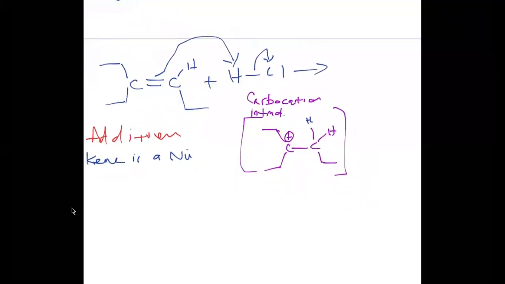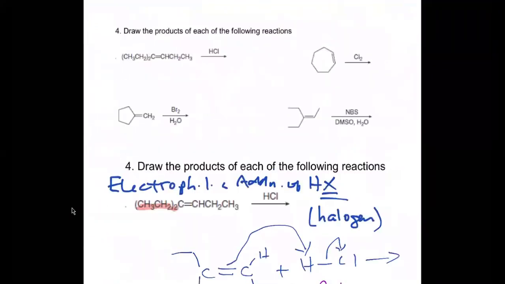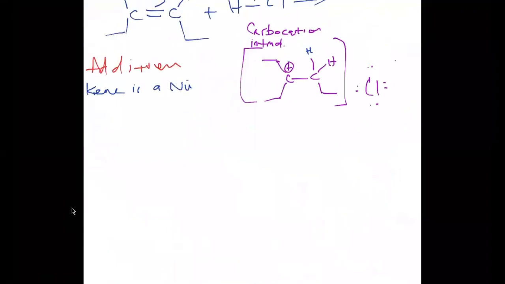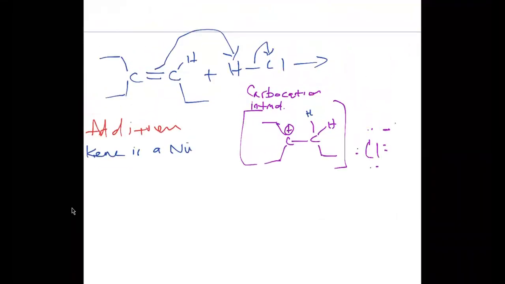Right, so when you get to that intermediate, of course, the chlorine that left up top is still here with four lone pairs around it and a negative charge. Right? Because the chlorine up top had 3 lone pairs before it left. Right? Questions about that?